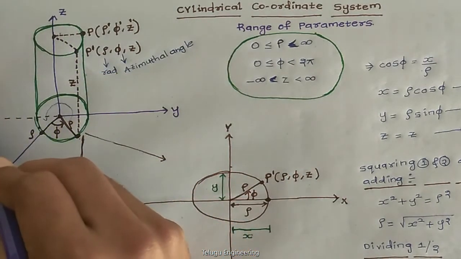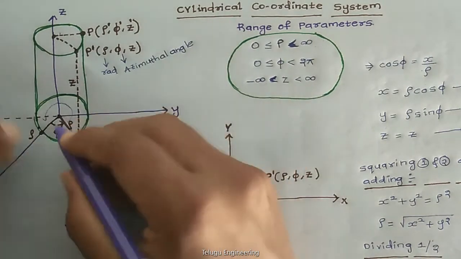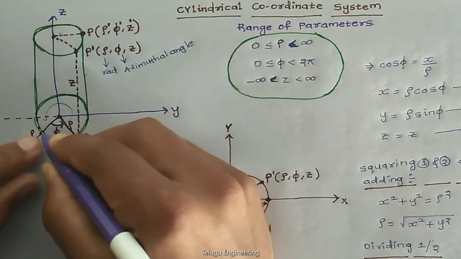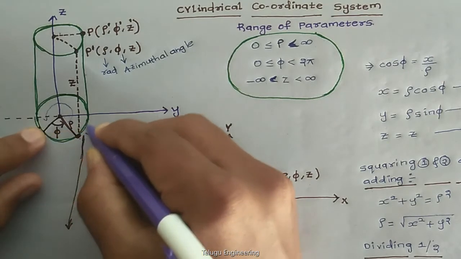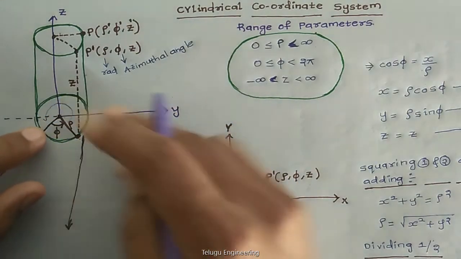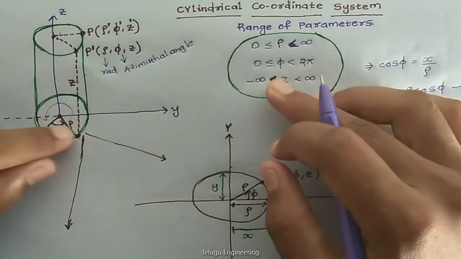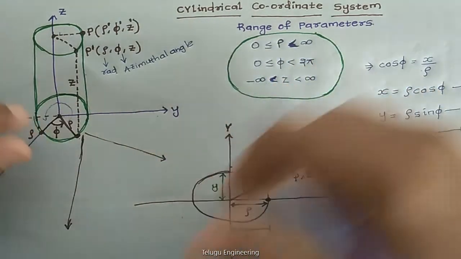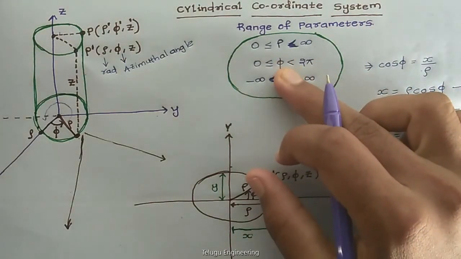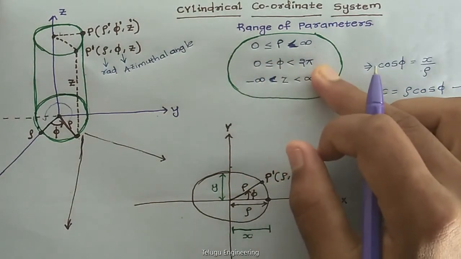This point is continuously revolving around the bottom circle, so obviously the total angle is from 0 to 360 degrees. Similarly, our azimuthal angle is also from 0 to 360 degrees.